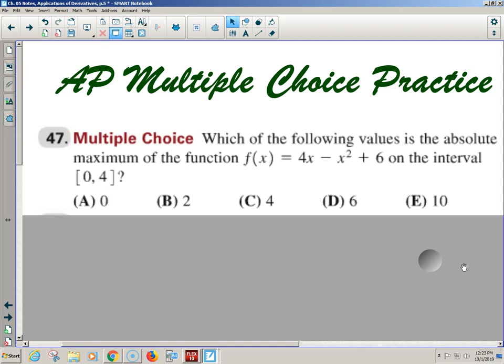Come on, geniuses, work it out. You got it. Collaborating on a multiple choice question.